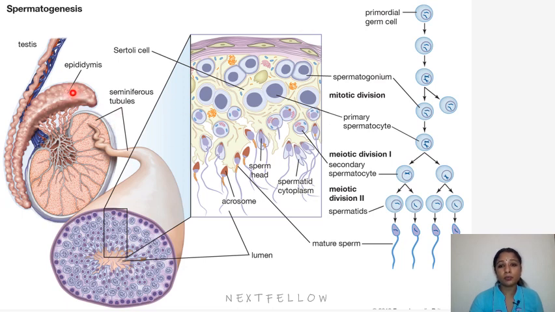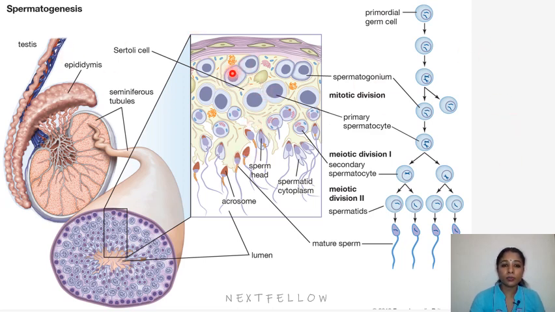The gametes mature and gain progressive motility, and they are stored until ejaculation. Spermatogenesis takes 74 days to complete, and if the transport through the ductal system is included, it takes 3 months. So that is the total explanation about spermatogenesis.